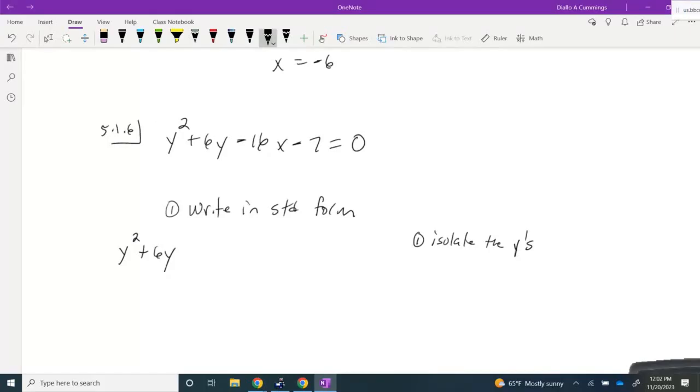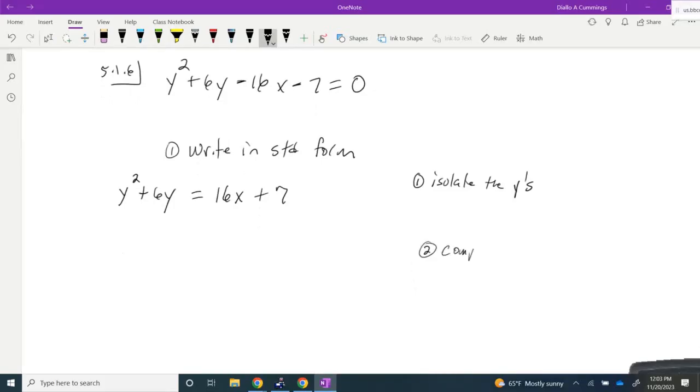So negative 16x, I'm going to move that to the other side. Whenever you move entire terms across the equal sign, you simply change the sign. So I'm going to add 16x to both sides, and I'm going to add 7 to both sides. I move negative 16x across the equal sign, and that changes it to positive. And I move negative 7 across, and that changes it to positive 7.